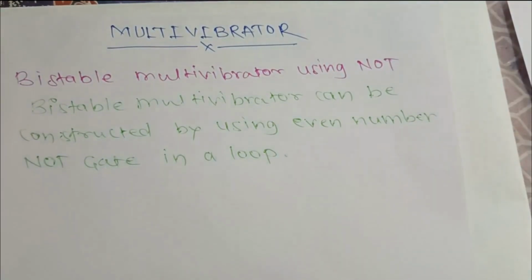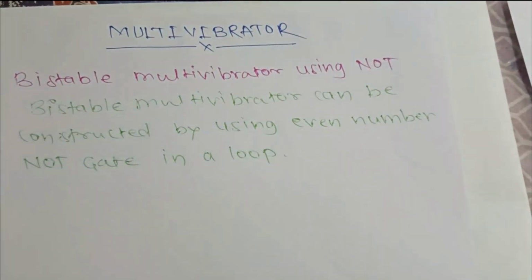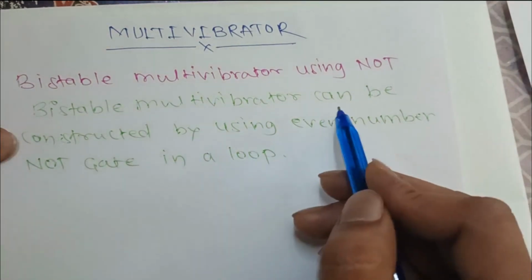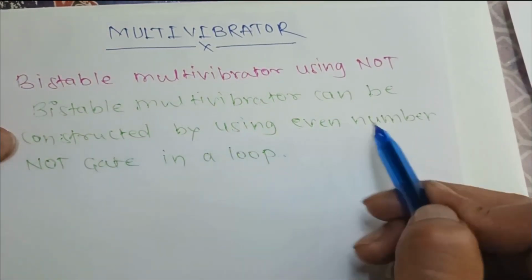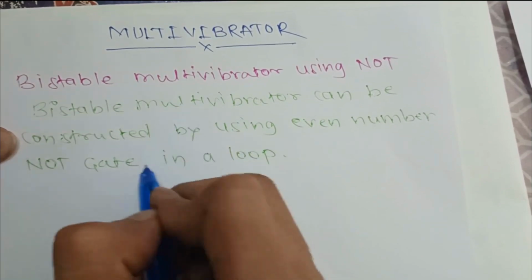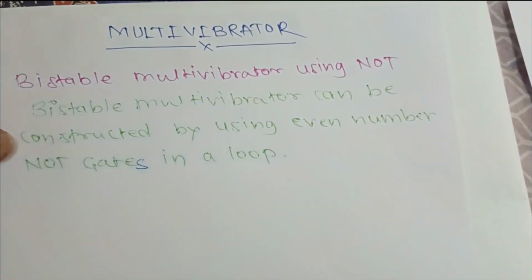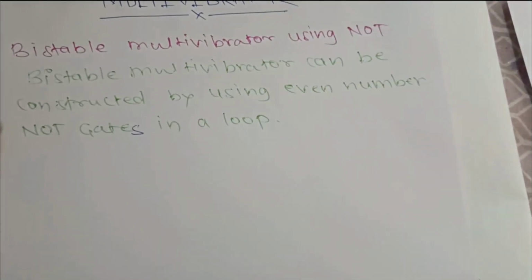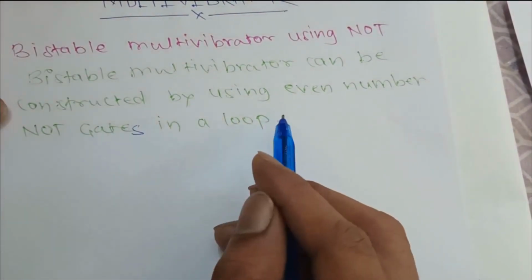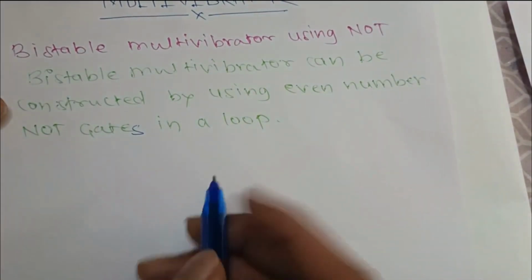Okay. So what this statement says is the bistable multivibrator can be constructed by using even number of NOT gates in a loop. We will see how this is going to construct a bistable multivibrator.